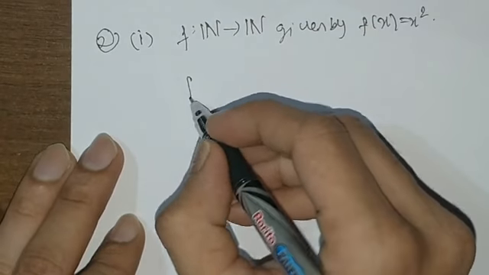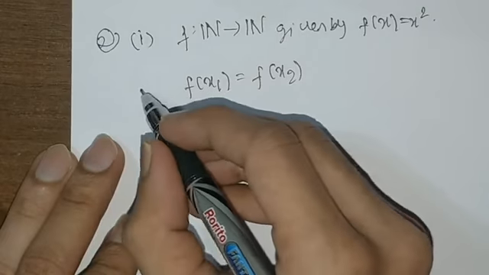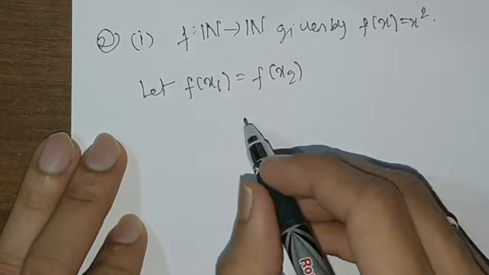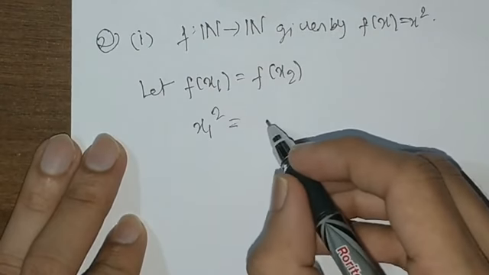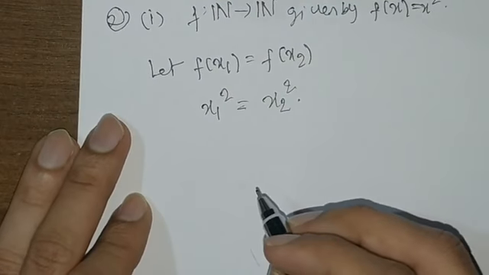Now why is it? So let f(x1) is equal to f(x2) you have to take, right? Now what is f(x1) equal to? It will be x1 the whole square and f(x2) will be equal to x2 the whole square, right?